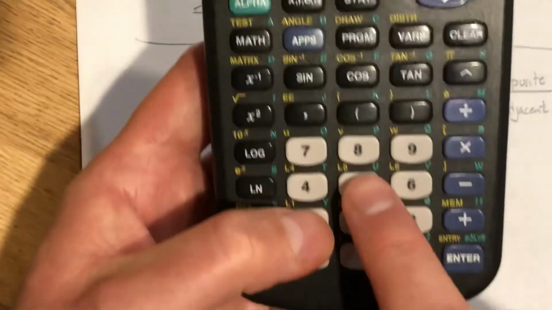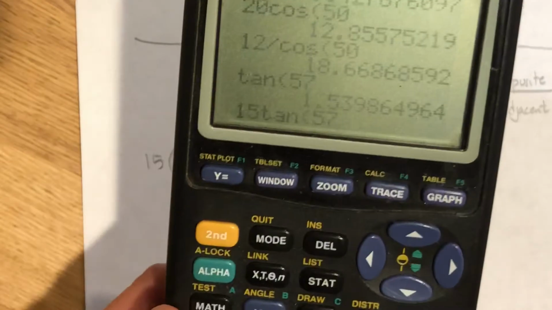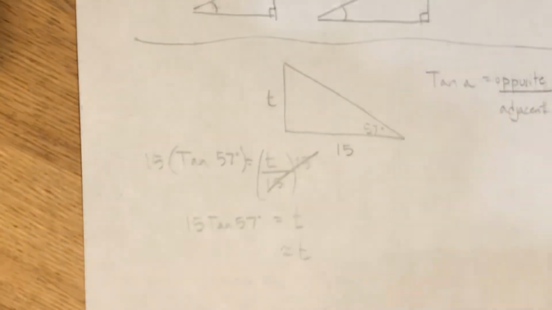You can type it in exactly like you see it, 15 tangent of 57 degrees, and it ends up being about 23.1 units.